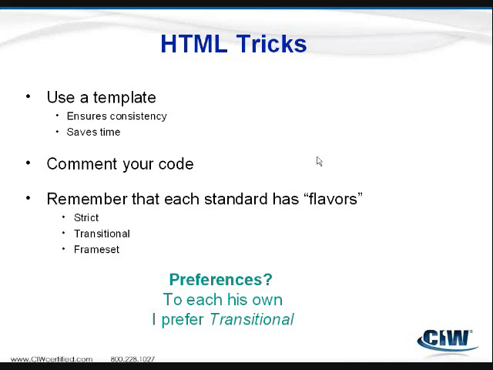I saw a frame site the other day that somebody created as a reference site. They're quick and easy to set up. So if we're using frames, then we'd want to use frameset because that is the standard flavor that's going to tell the doctype, the validators, search engines and browsers that the page is actually designed in frames.